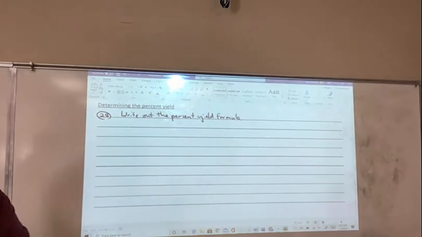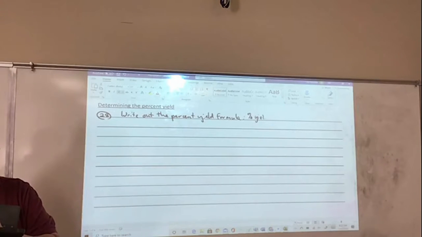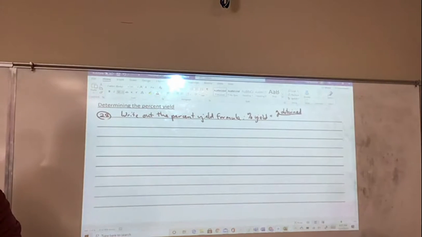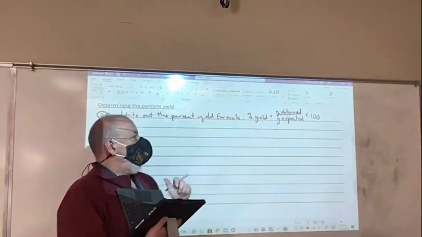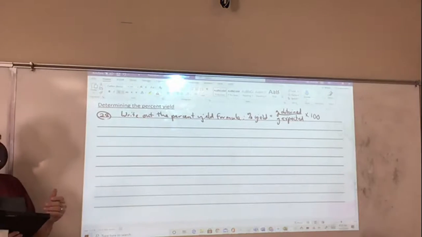Write out the percent yield formula, and you're going to say percent yield equals amount, or we're going to say grams obtained divided by grams expected. Times 100, right? Grams obtained divided by grams expected times 100. That'll give you the percent yield.